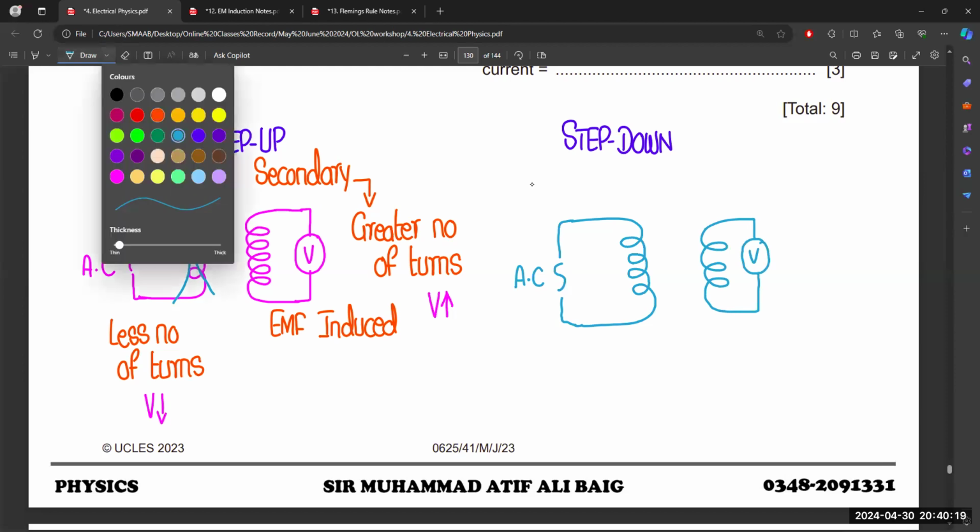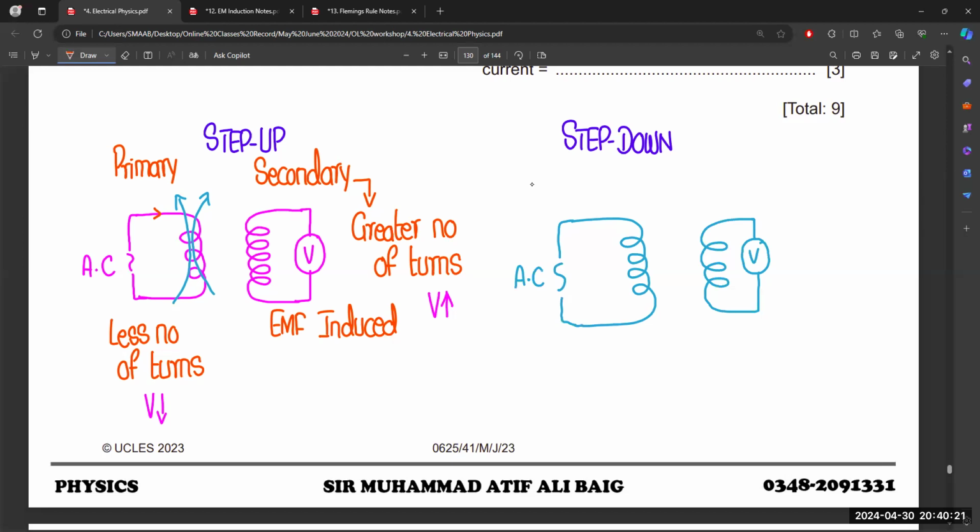So when we have fewer turns in the secondary coil, there will be less voltage, and we have a greater number of turns in the primary coil, so there will be high voltage.